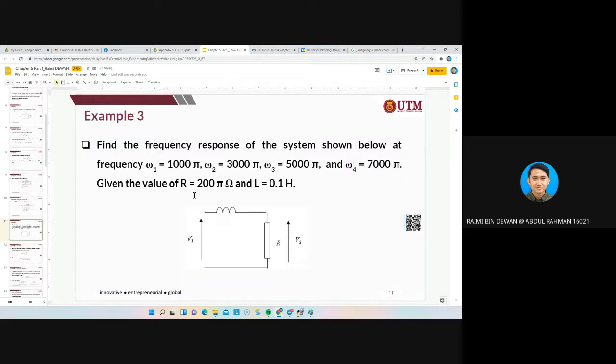Okay, all of this is actually subscript. Omega 1 is 1000 pi, omega 2 is 3000 pi, omega 3 is 3000 pi, omega 4 is 7000 pi.